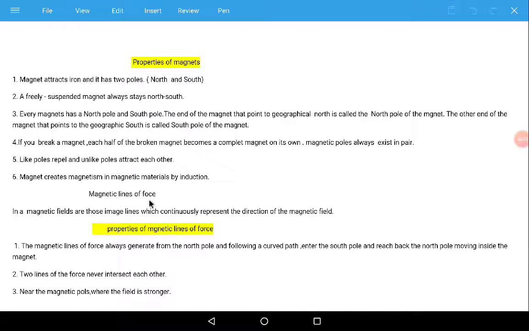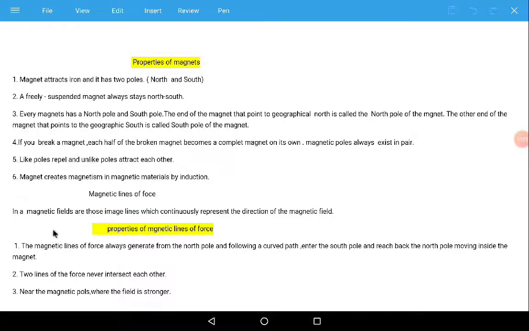Now the other, magnetic lines of force. What are magnetic lines of force? Magnetic lines of force are the imaginary lines in a magnetic field which continuously represent the direction of the magnetic field. The magnetic field lines always originate from the north pole and terminate at the south pole.